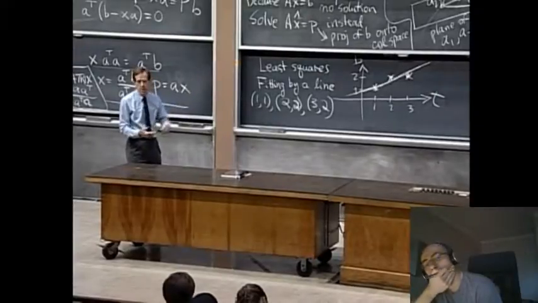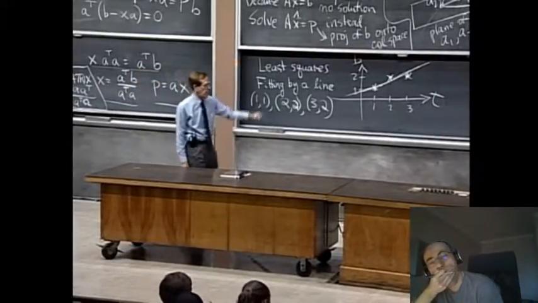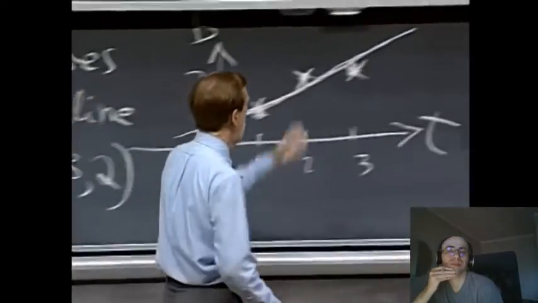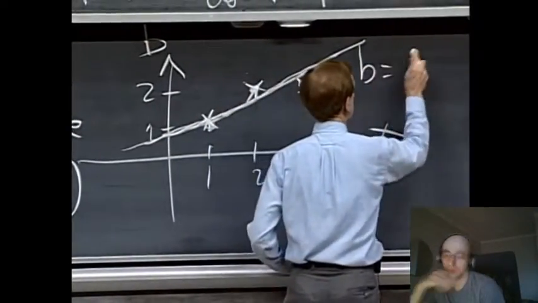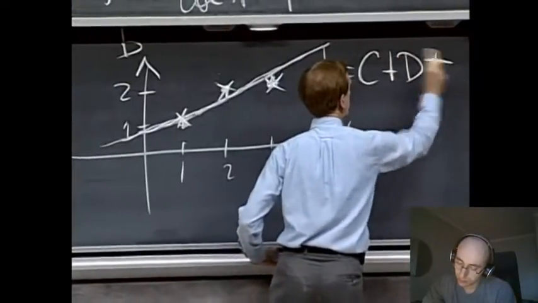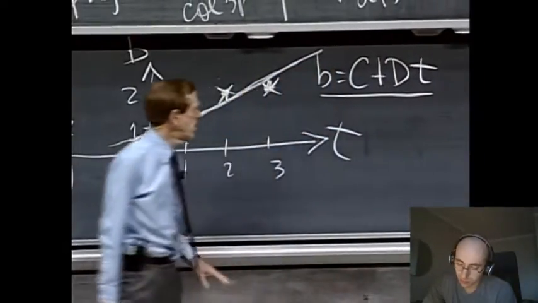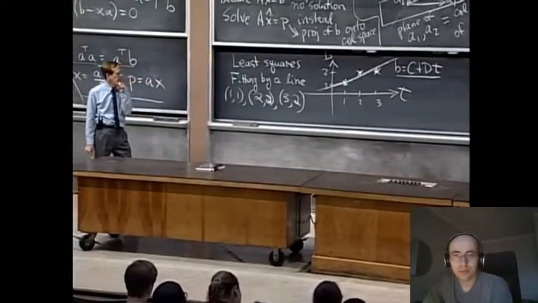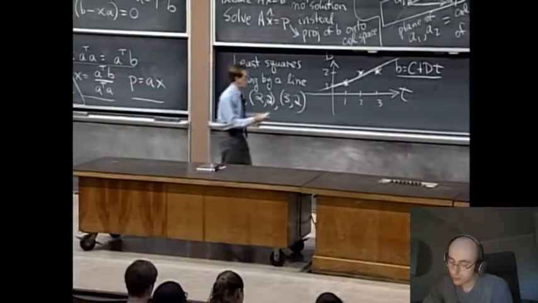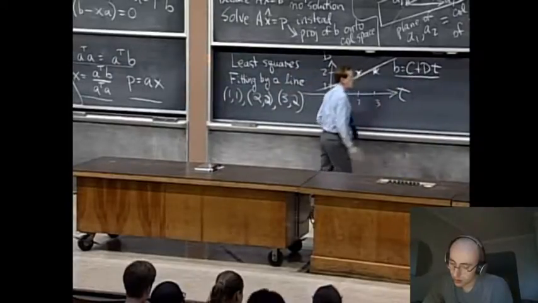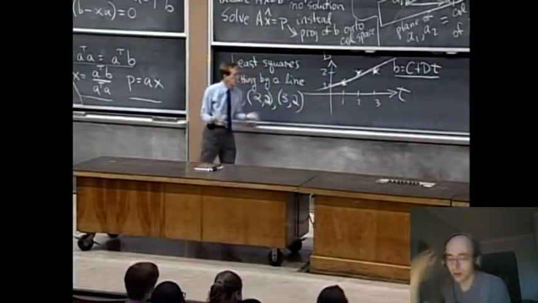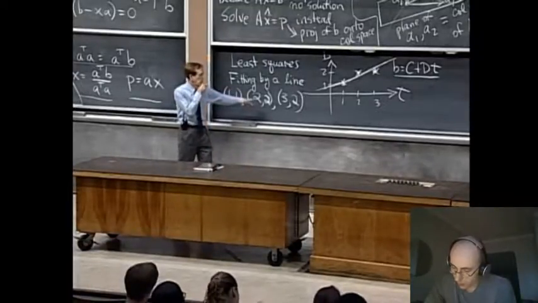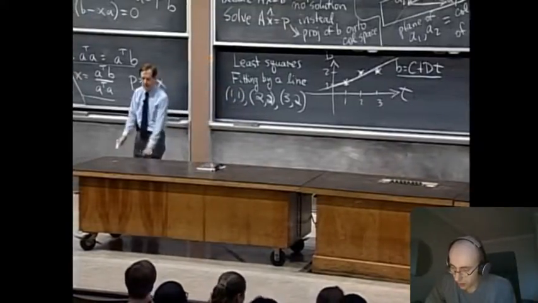What I'd like to do is find the matrix A, because once I've found the matrix A, the formulas take over. So what I'm looking for is the line b equals C plus Dt. This is in the homework that I sent out for today. Find the best line. I'm looking for these numbers, C and D, that tell me the line, and I want them to be as close to going through those 3 points as I can get.